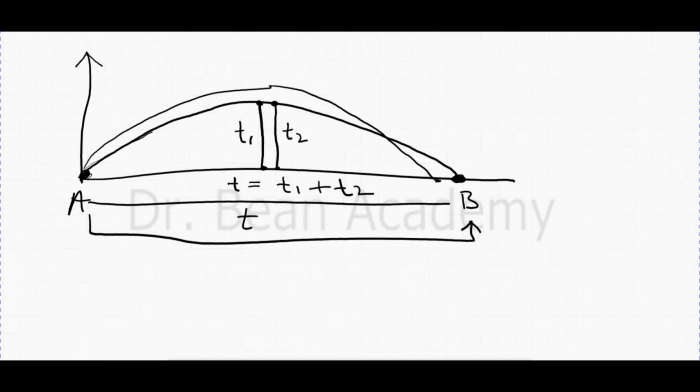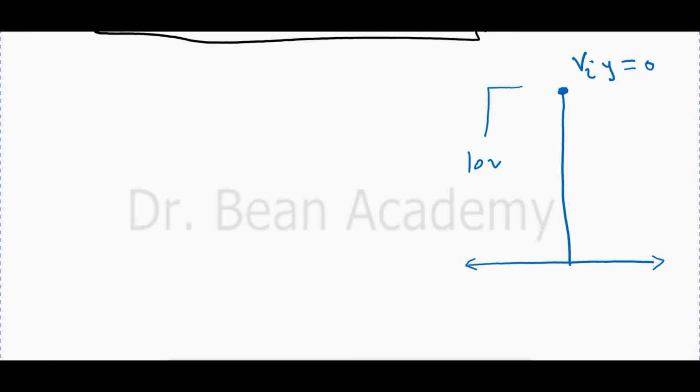To solve this part, we can consider that the body was initially at rest, Viy equals 0, and then suddenly it was dropped and hit the ground, and we know the height was 10 meters.